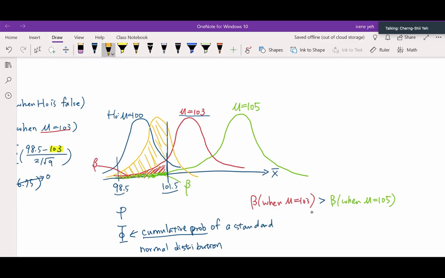So it is very easy for us to fail to detect such a small change in our process. So that area is going to be greater than the beta when mu is 100.